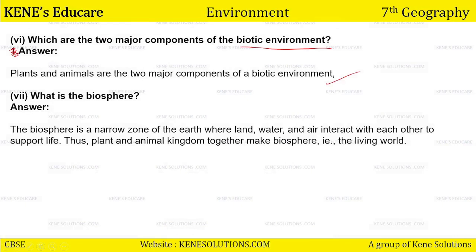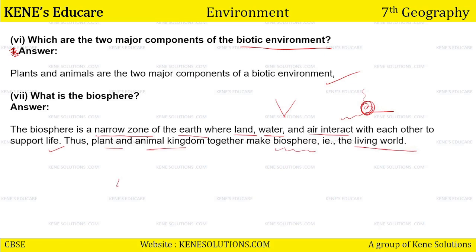Part number 7 is, what is biosphere? The biosphere is a narrow zone of the earth where land, water, and air interact with each other to support life. Thus, the plant and animal kingdom together make the biosphere, that is, the living world.